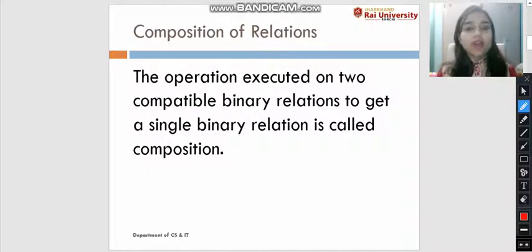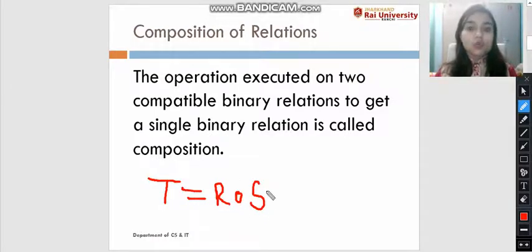It is defined as the operation executed on two compatible binary relations to get a single binary relation, which is called composition, and this composition is defined and denoted as T equal to R dot S, where R and S are two different relations.